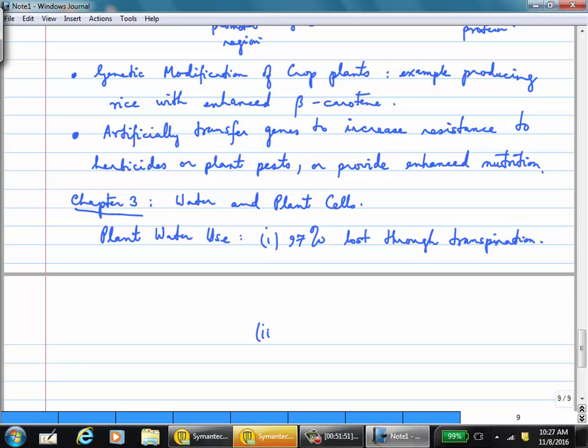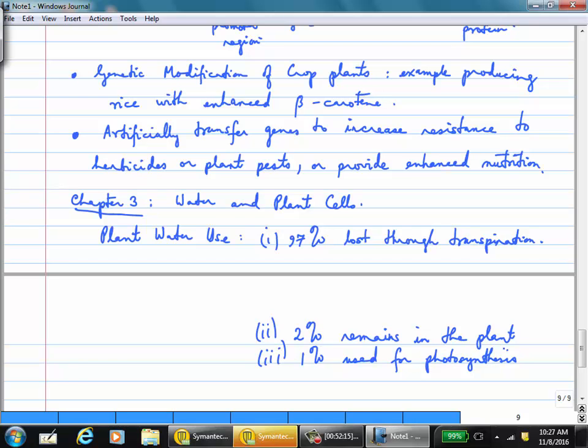Only 2% remains in the plant body, and 1% is used for photosynthesis. So that means 97% of the water is effectively wasted when you're trying to grow plants.